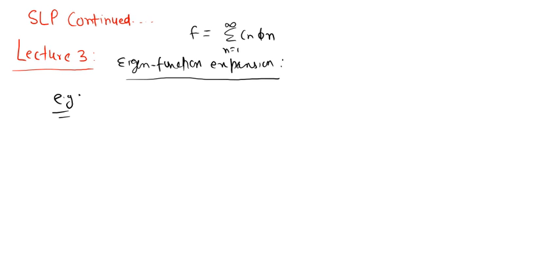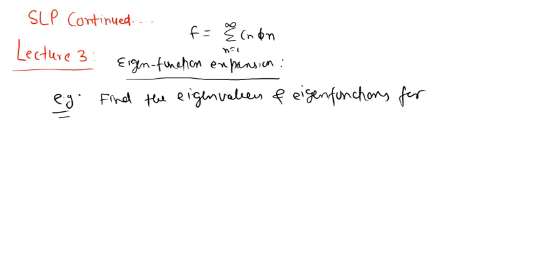So for example, we have a problem: find the eigenvalues and corresponding eigenfunctions for the Sturm-Liouville problem y double prime plus lambda y equal to 0 with boundary conditions y at 0 is 0 and y at L is also 0.